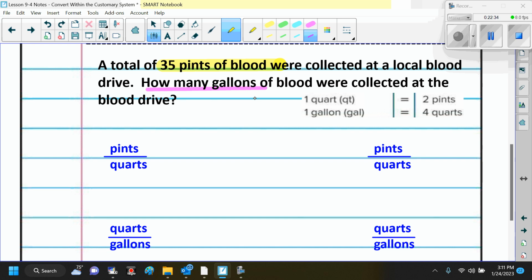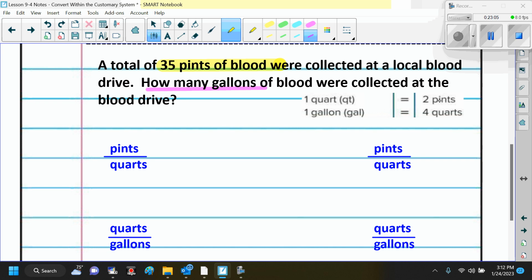Okay? If you look on your conversion sheet, do you have a conversion that goes directly from pints to gallons? No, we don't, right? But we have one that goes from pints to quarts, and then we have one that goes from quarts to gallons. Is everybody with me? So the first conversion that we're going to do is pints to quarts.